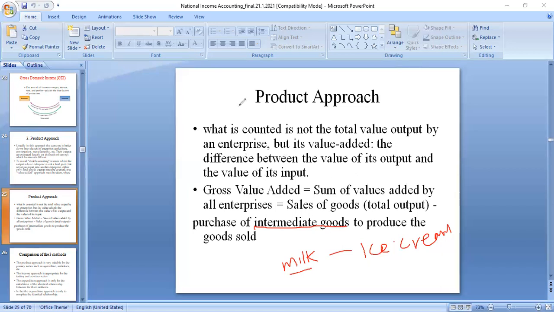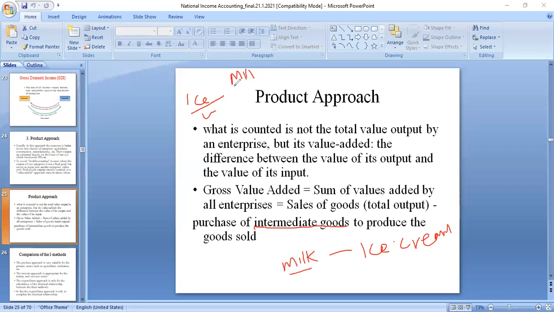For example, if it is ice cream, and you count the amount sold for the total ice cream in the country, and then you count the amount sold for raw milk in the country, that will be a repetition.